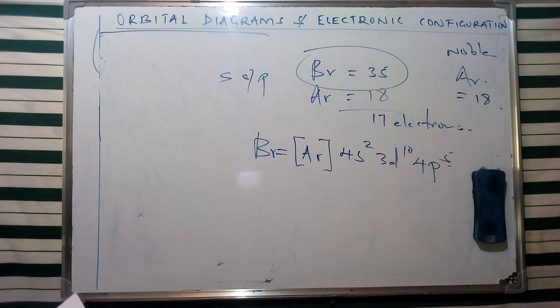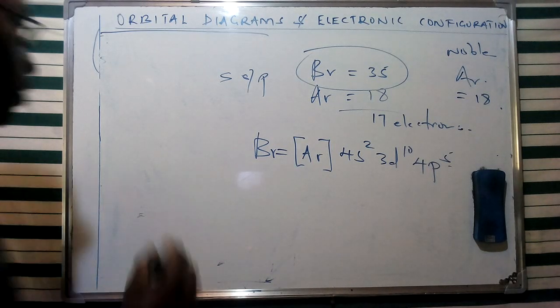But in consideration of the orbitals which are taking part, we can also represent this configuration in terms of what we refer to as valency configuration.